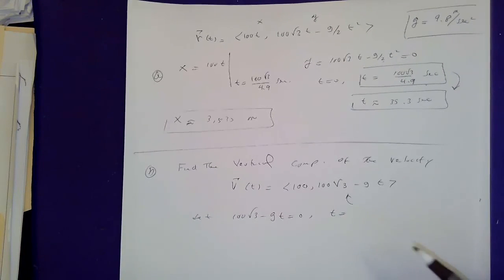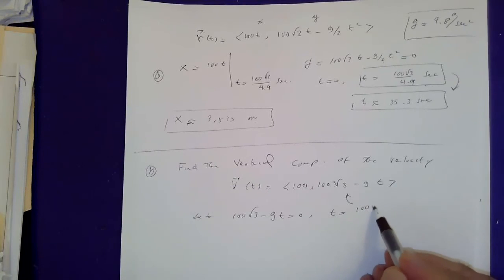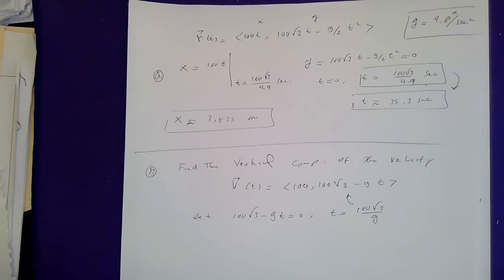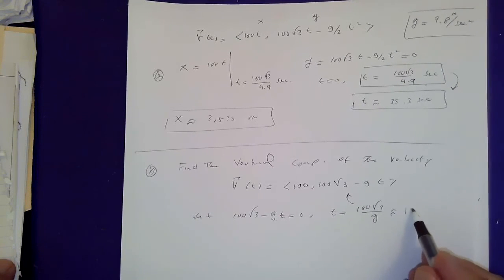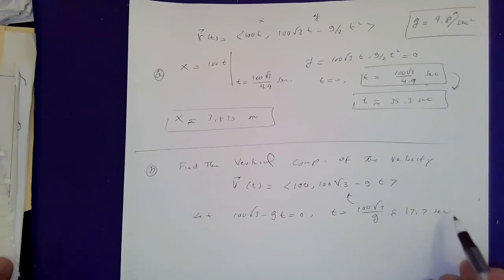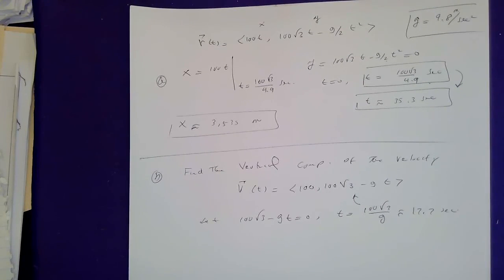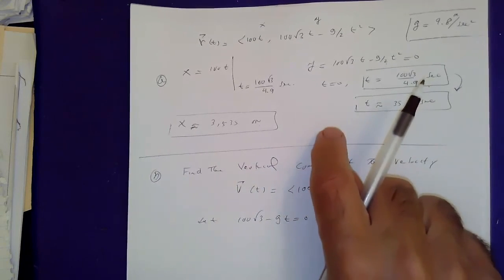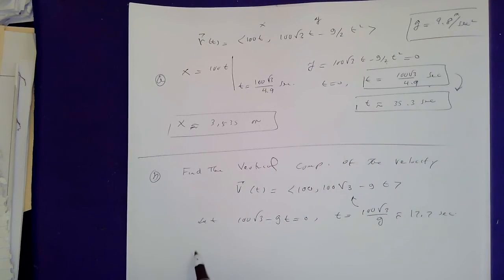When you do, you get t equal to 100√3 over g. Is that right? And that would give us something like 17.7 seconds. So it takes about 17.7 seconds for the object to reach its maximum.